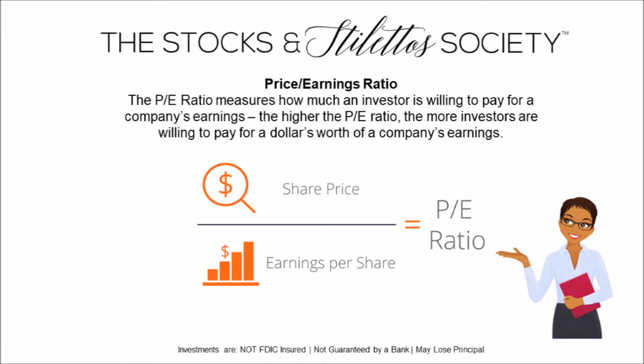The PE ratio measures how much an investor is willing to pay for a company's earnings. The higher the PE ratio, the more investors are willing to pay for a dollar's worth of a company's earnings. It's calculated by taking the share price, dividing it by earnings per share to get the PE ratio. It's a great way to determine whether or not you should invest in a company.